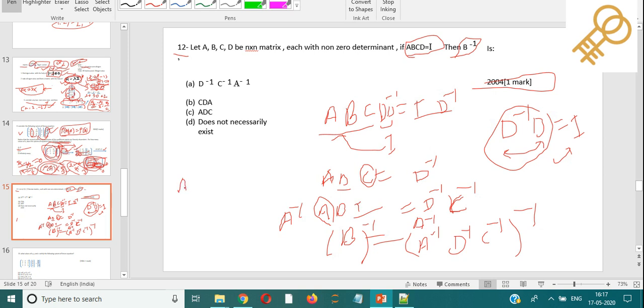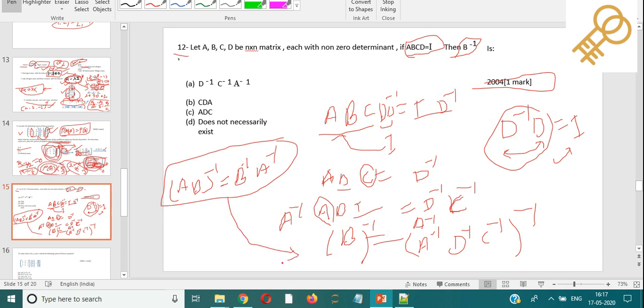Suppose I have A into B, and I take the inverse of this and want to expand and separate the two. I can write it like this, so I'll apply this concept here.